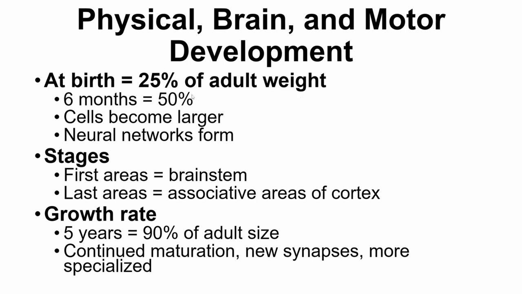Now, we do know that there is still rapid growth, more and more cells being created, lots of neurogenesis, where we end up having our peak amount of neurons and neural connections around that 2 years of age mark. However, a lot of this growth is actually coming from the fact that our cells are becoming larger.